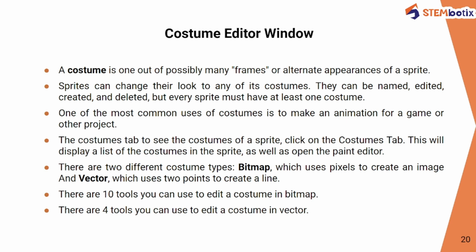Whereas vector uses two points to create a line and a particular sprite. There are 10 tools you can use to edit costumes in bitmap, whereas there are 4 tools you can use to edit costumes in vector. So there are two different types of costume: first is bitmap and the other one is vector.